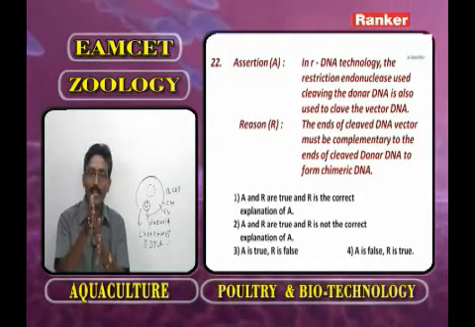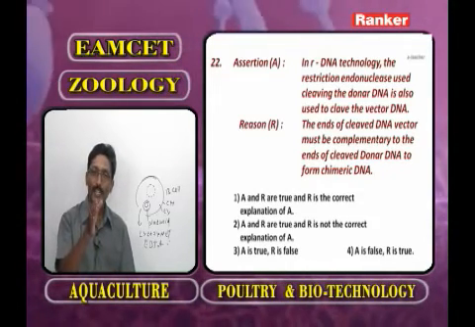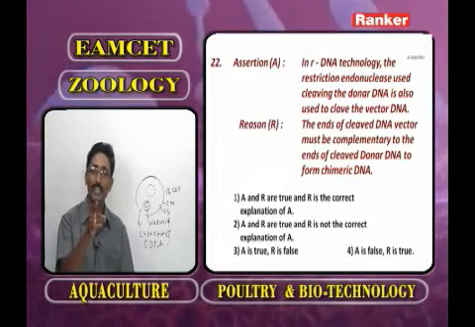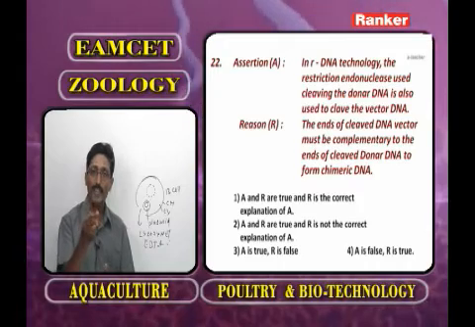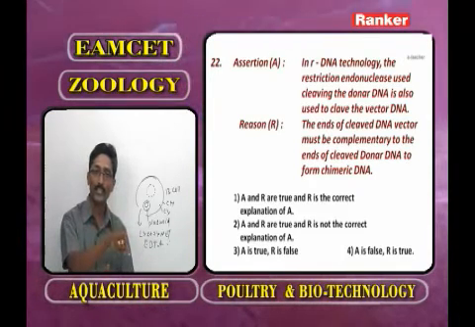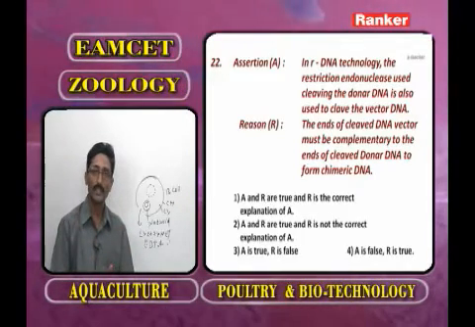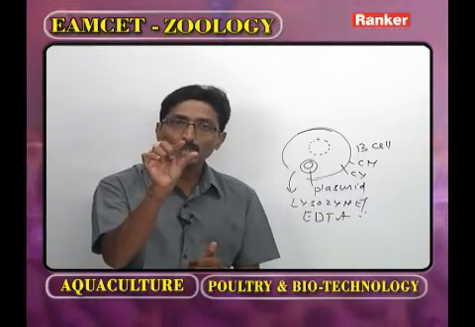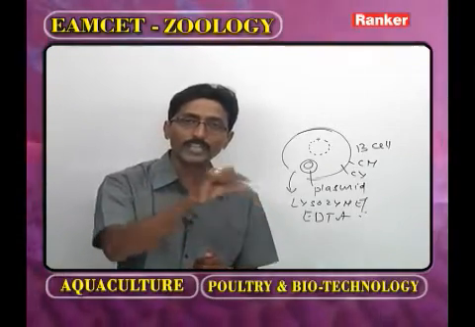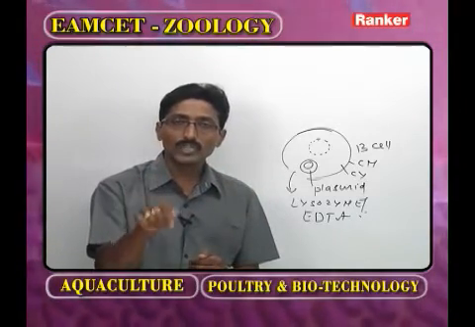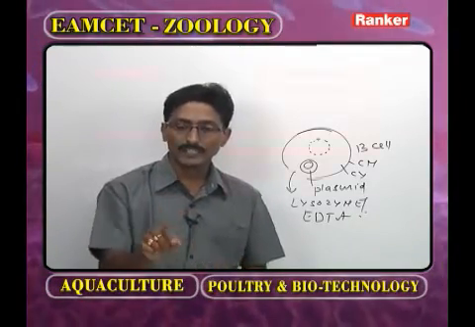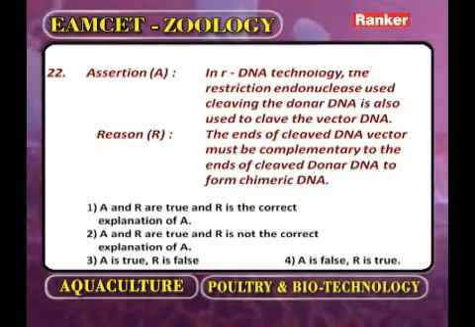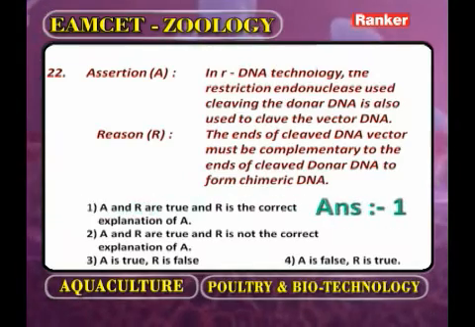This is called chimeric DNA. Chimera is a type of fish that has the properties of cartilaginous fishes as well as bony fishes. So since recombinant DNA has the properties of donor DNA and vector DNA, we use the word chimeric. Now the answer is that both are correct. The next one.